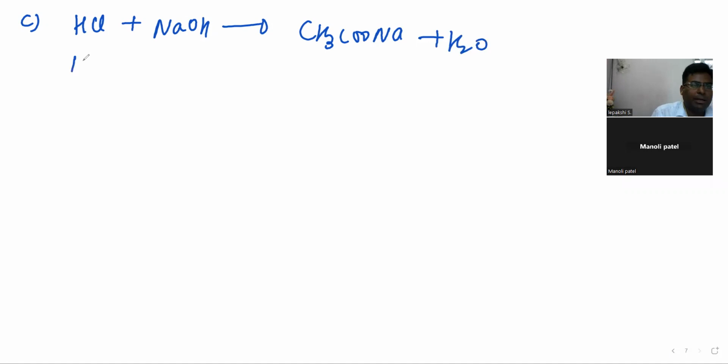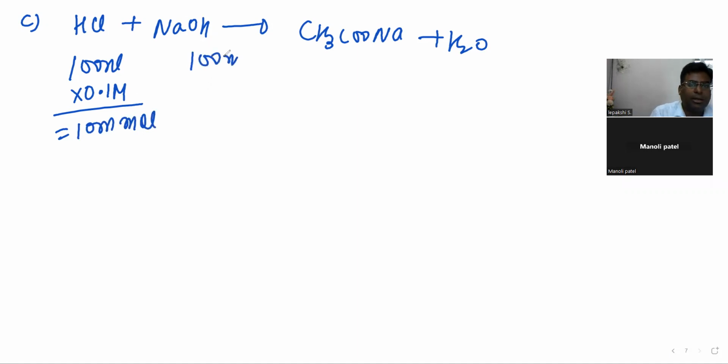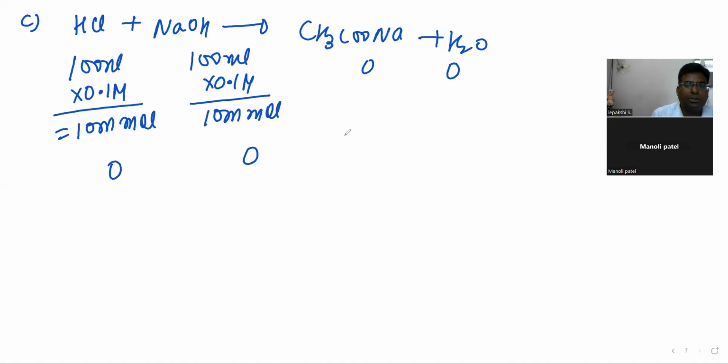So it is given 100 milliliter reacting with 0.1 molarity of solution, forming 10 millimole, right? In a similar manner, this is also 100 ml reacting with 0.1 molarity forming 10 millimole. Initially it is 0. After the reaction, it will be consumed and 10 millimole will be formed.